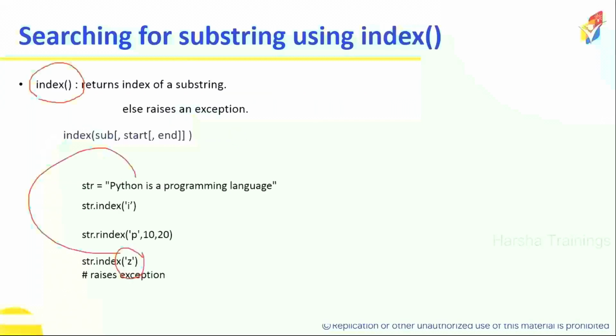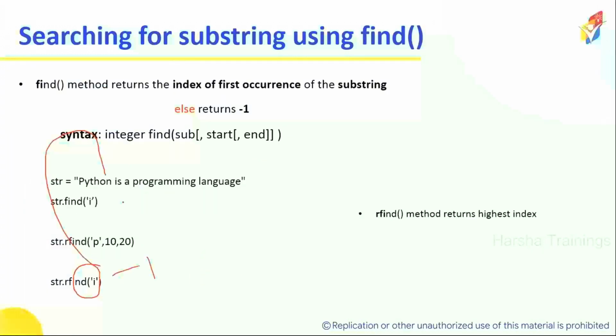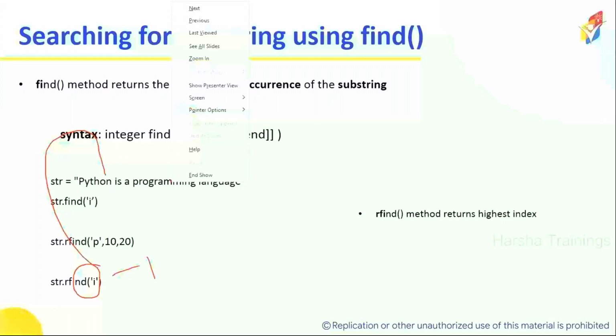Now will you prefer index or find? If you use the index function and the substring is not available, it raises an exception, a runtime error, so it is better to use the find function instead of index. Shall we demonstrate it?